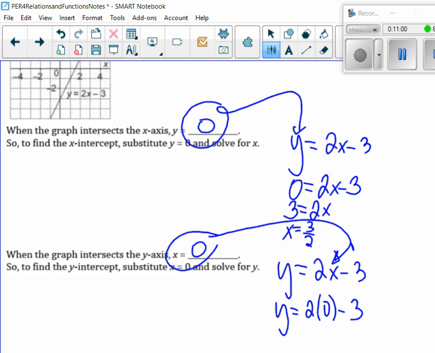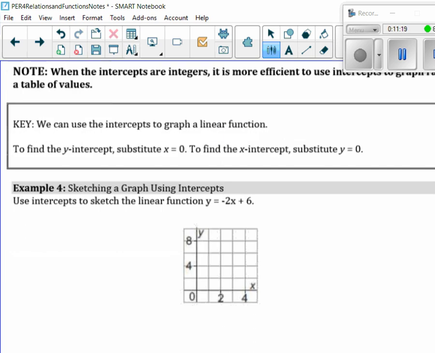What happens when we multiply by 0? Well, this whole thing goes to 0, right? And so then what do we get? Y equals -3. And we already knew that was going to happen because I could see visually it crosses at -3. Okay?